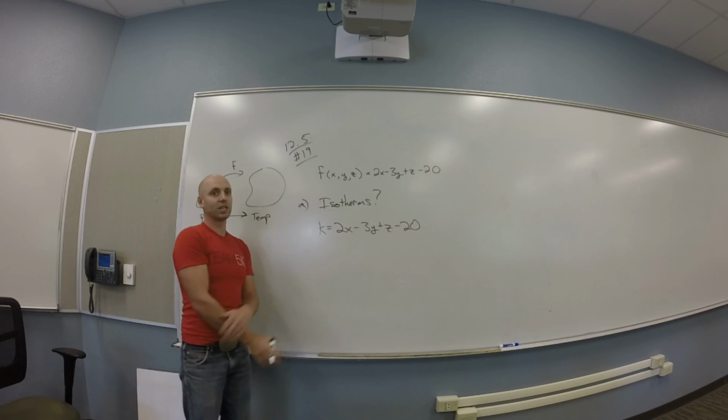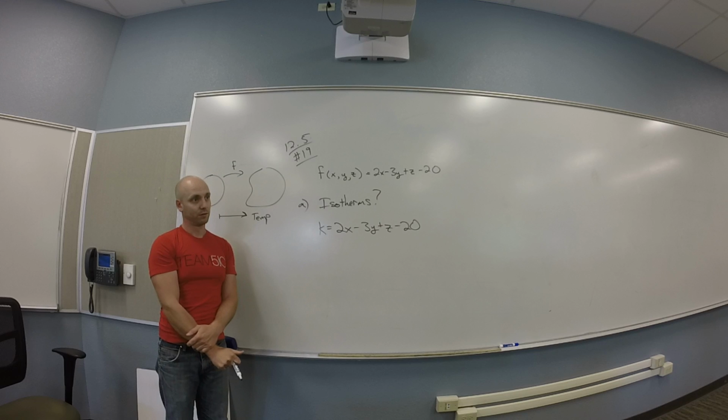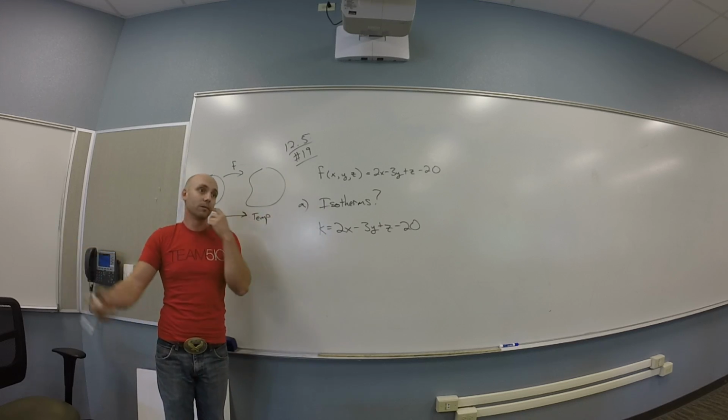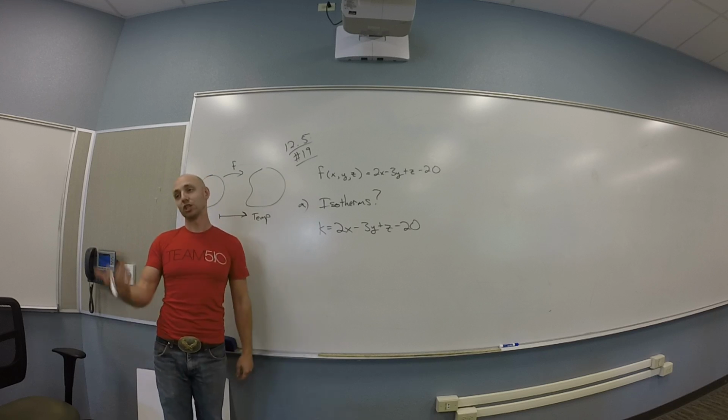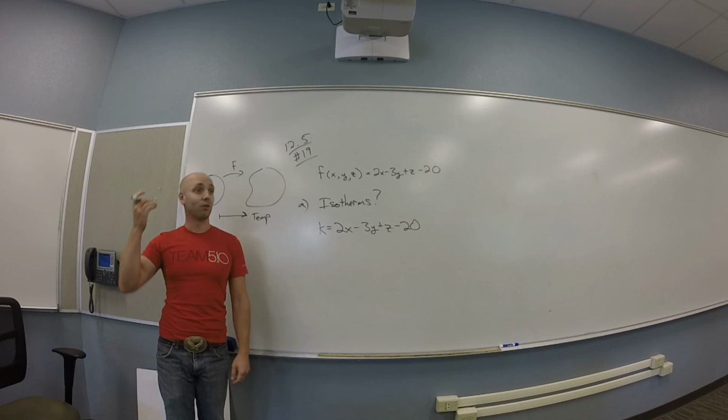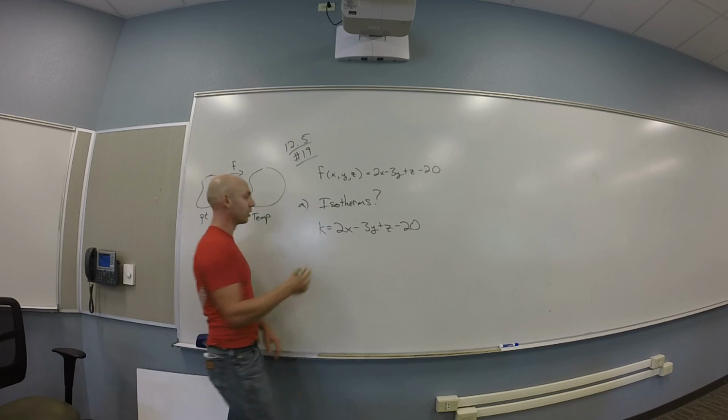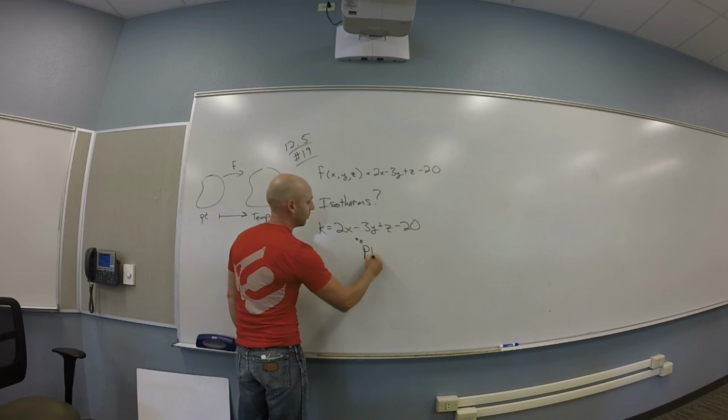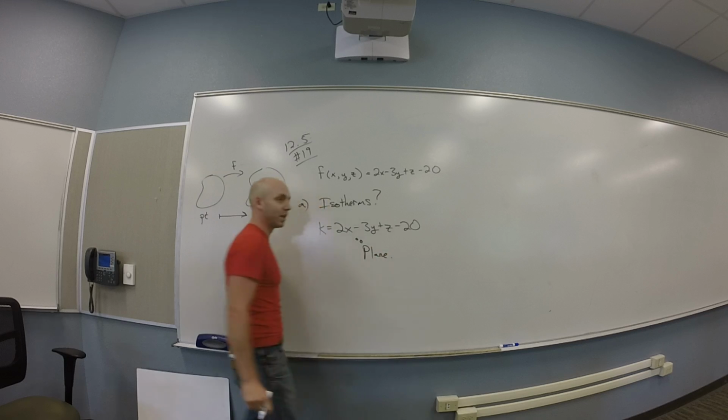What kind of object is this if k is a number? Yeah, this is a plane. We just learned that in the last section, which is good because really that's the only object I know right now anyway. You guys see that? So the isotherms are planes.